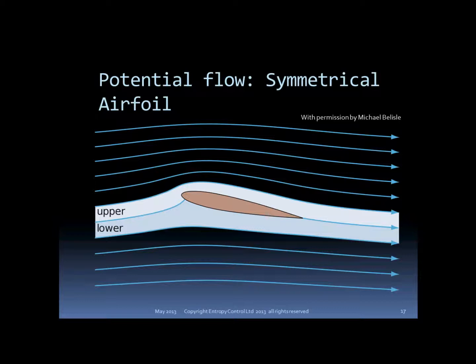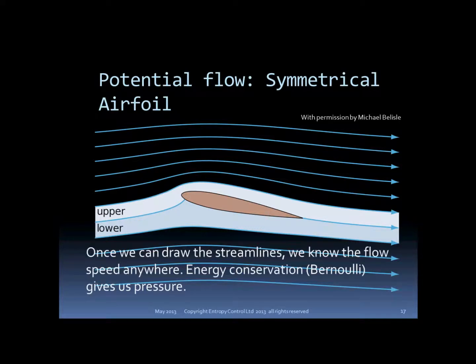So here again is an example of potential flow around a symmetrical airfoil at an angle of attack of about 10 degrees. It has a lift coefficient of about 1. Note that there is no real physics so far. All we've done is use simple mass and volume continuity.